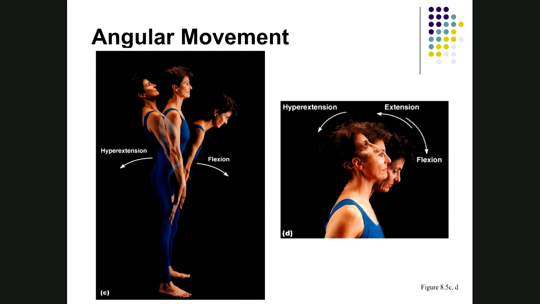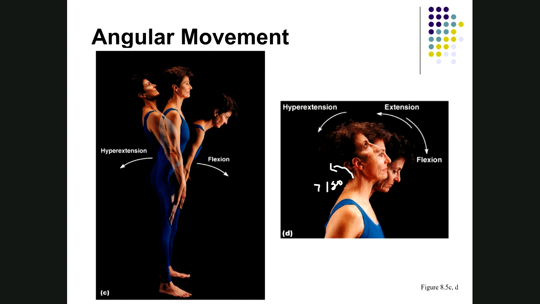You're decreasing the joint angle right here. It was like this, but now it's like this. We went from there to there. That's flexion. But when you raise your head back up, you're increasing the joint angle. It was here, and now it's here. That's extension.